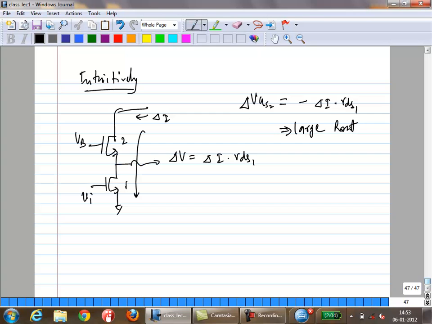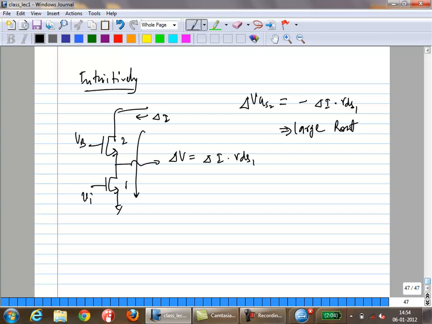Correct? What happens to the VGS of this? It tends to reduce. Earlier it was VB minus whatever voltage was there. Now it's that same thing minus delta I times RDS1, because this node is starting to increase. What happens when this VGS reduces? The current through this transistor tends to reduce. So you can think of it as some kind of negative feedback. There is some implicit negative feedback going on in there.